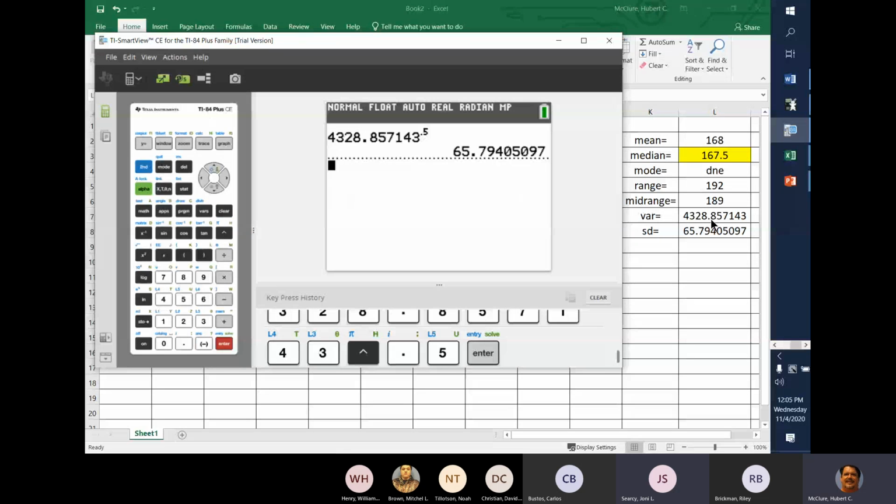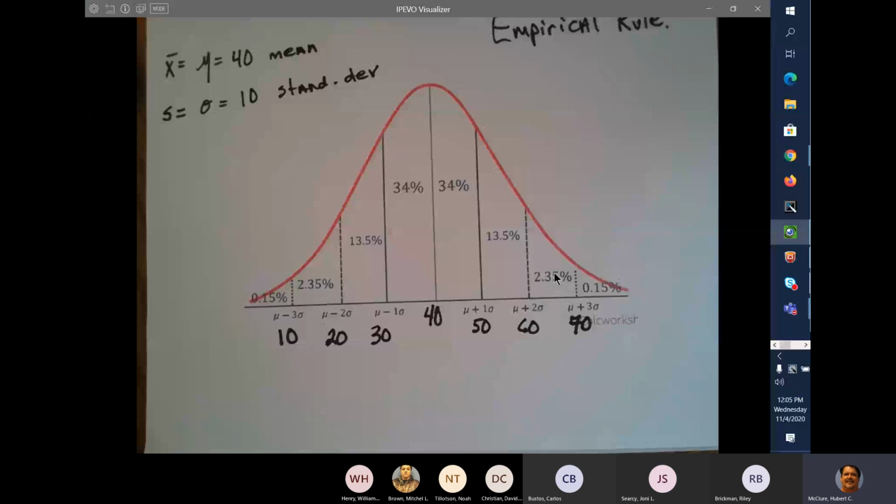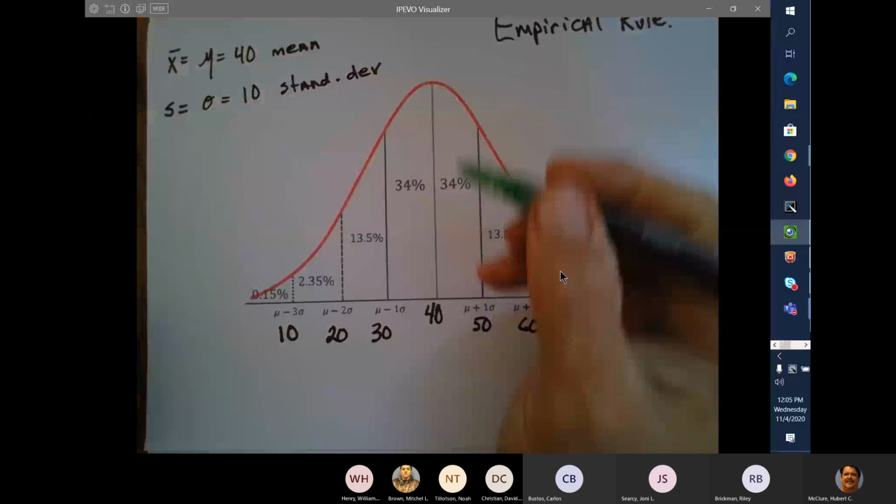All right, now back to this question. The empirical rule, and this is important, says that within 2 standard deviations, that's what that 2 alpha means, everything is, anybody know what it means?